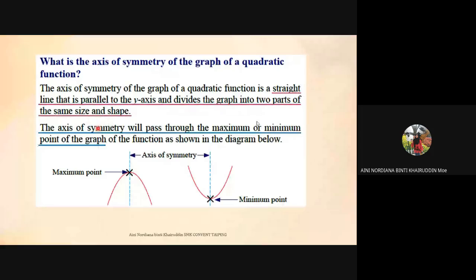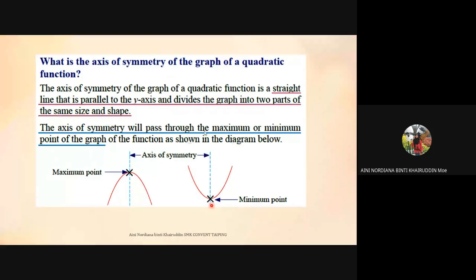Kalau sad shape graph, axis of symmetry passes through the maximum point and divides the graph into two equal size and shape.